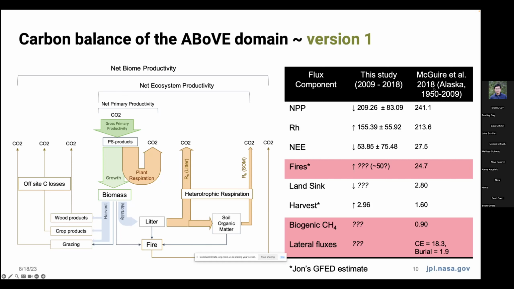And as a comparison, on the right-hand side, I've captured the numbers from the McGuire et al. paper from 2018, which focused only on Alaska and looked at a much longer time period. So the numbers are not directly comparable, but it establishes where the ABoVE domain and this 10-year period sit.